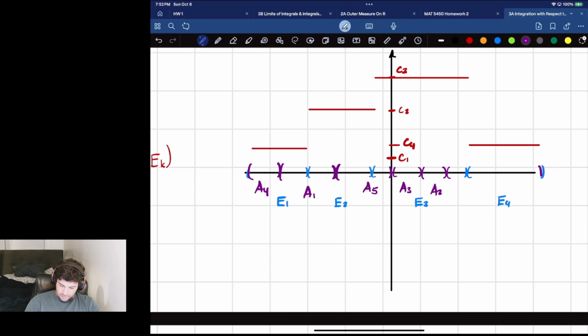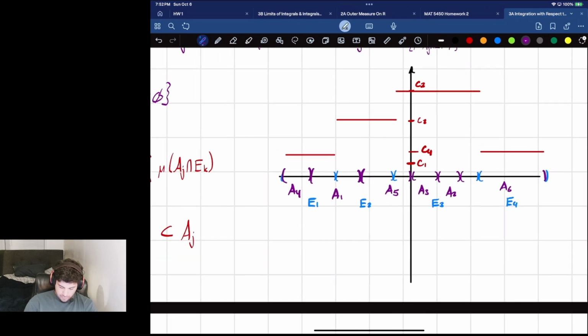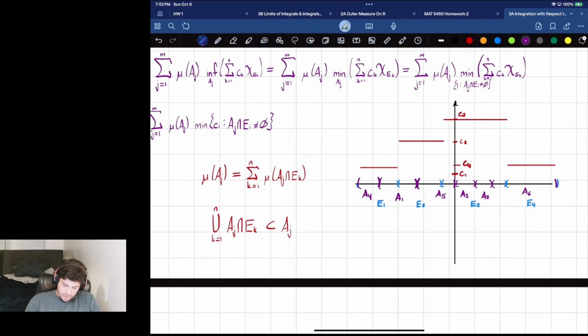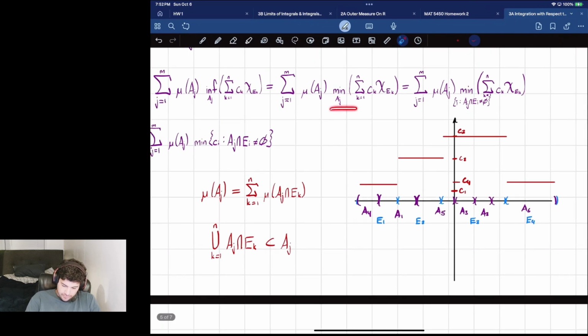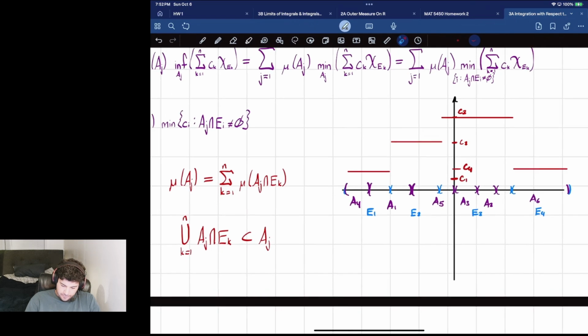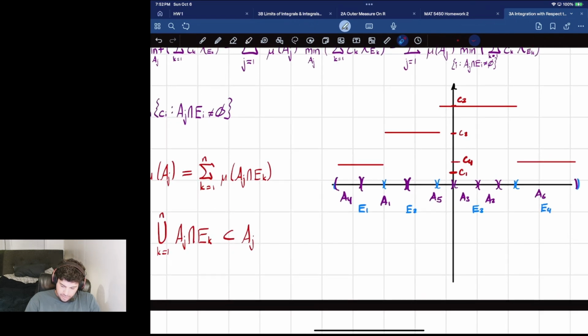Let's just make this last one A6. Okay. So the minimum of the simple function. If we talk about A1, it has these two.